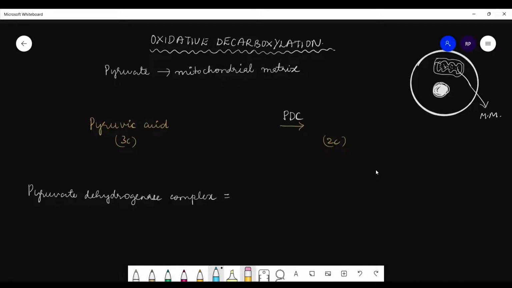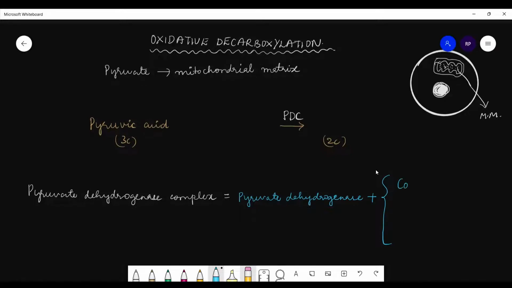Pyruvate dehydrogenase complex is going to have pyruvate dehydrogenase enzyme, and it is going to have 5 cofactors as well. What are those cofactors?